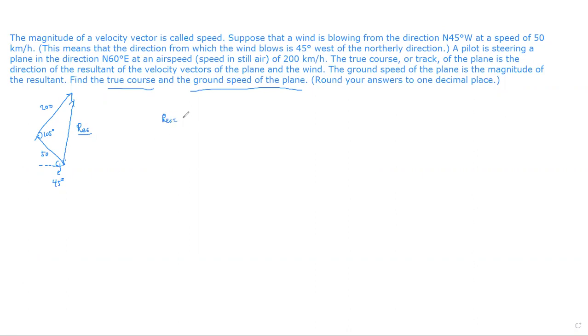Let's call this vector C. These are just arbitrary values for A and B. So C squared is equal to A squared plus B squared minus 2AB cosine C. And that is equal to 50 squared plus 200 squared minus 2 times 50 times 200.